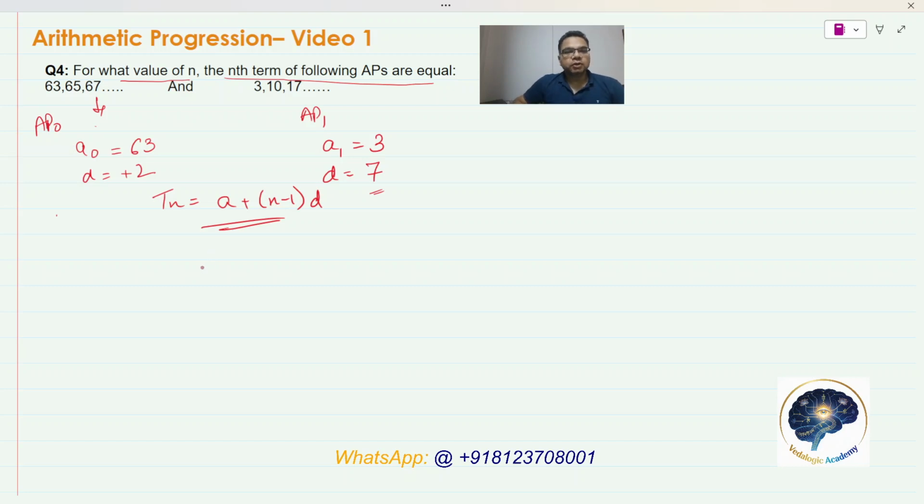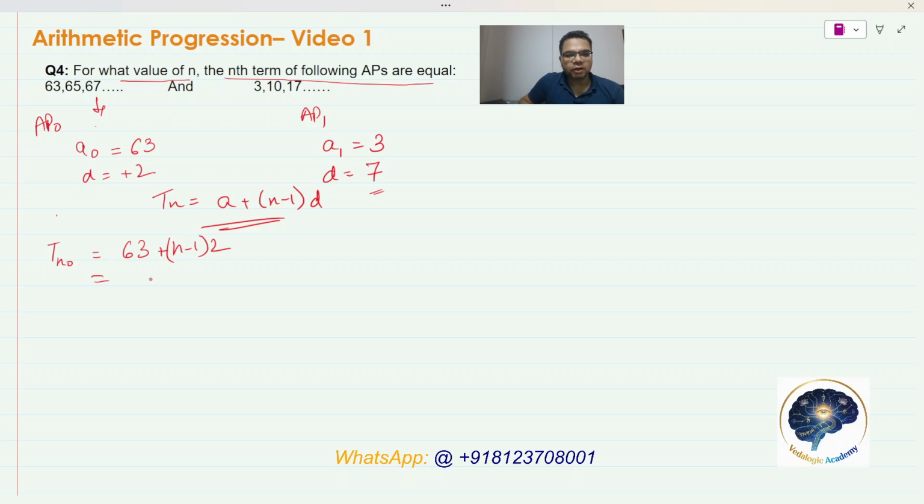Okay. So let's use this to find the value of n so that both of these reach the same value, because that's what the question is saying. For what value of n are the nth terms of these APs equal. Okay. So what is the nth term for this one? Tn for AP 0 equals, I'll use this formula only, 63 plus n minus 1 into 2.